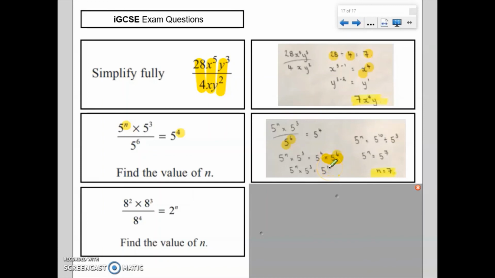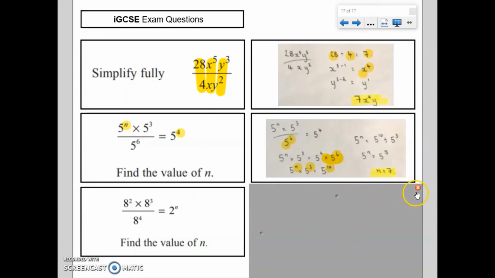And then I've equated the index numbers at this point to find that n would have to be 7. But again, you could have thought about it. What number here, when I add 3 and subtract 6, is going to leave me with 4. So you just needed to show some understanding of the laws of indices.